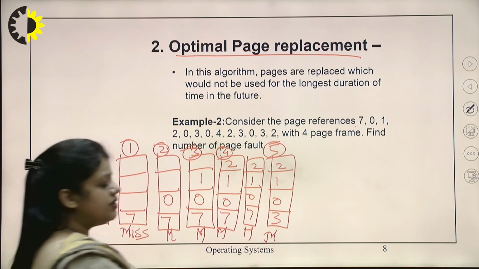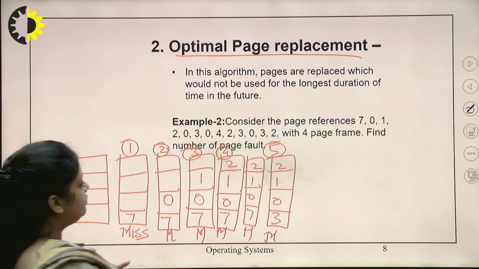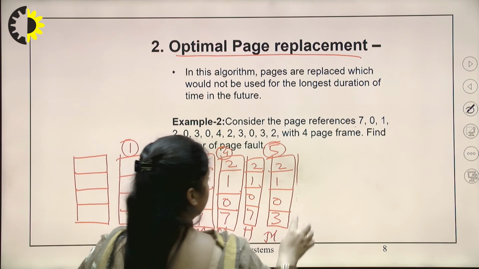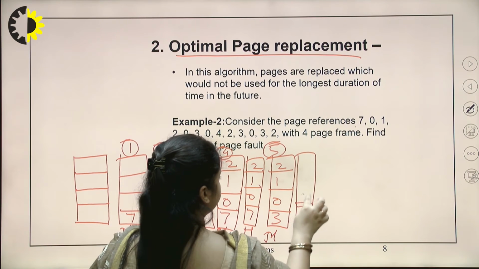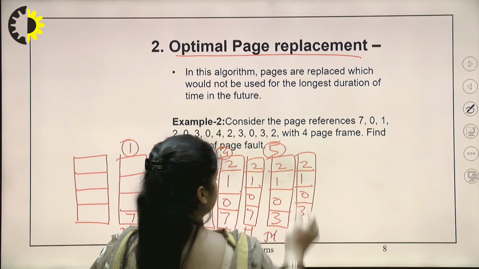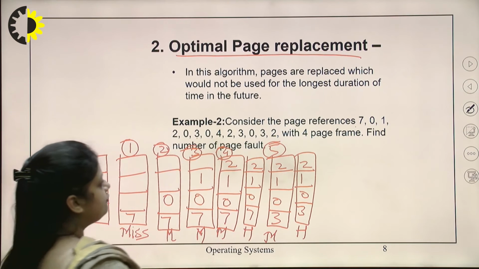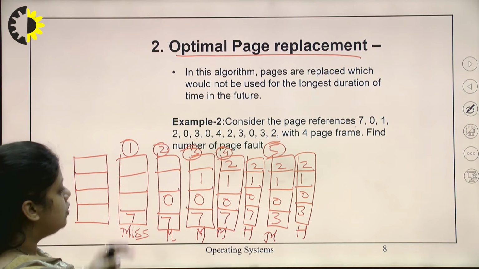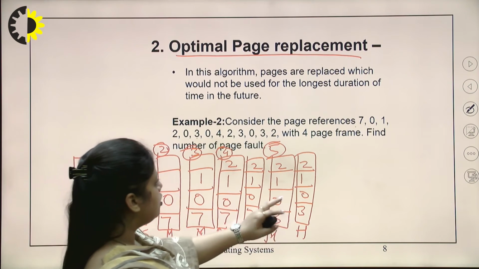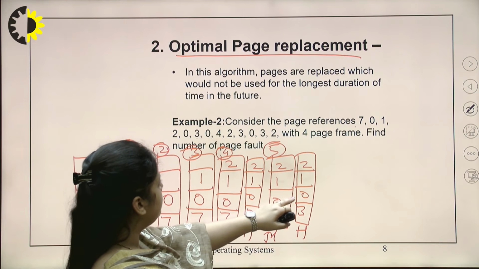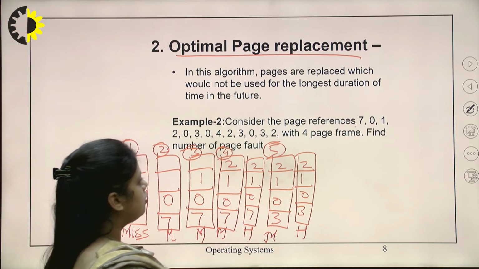So it becomes 3 0 1 2. After 3, for 0 it is a hit, so there is no change. After 0 it is 4. Again there is a page fault. Out of these, which is the one which is not going to be used? 3 will be used, 0 will be used, 2 will be used, 1 is not going to be used.